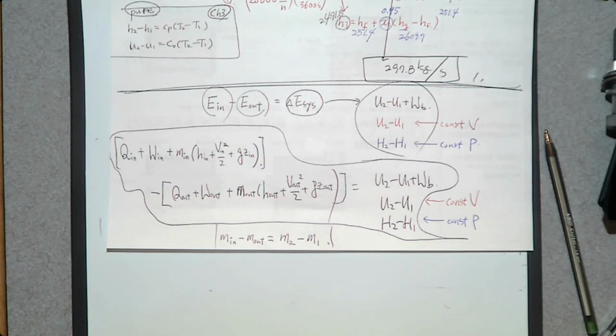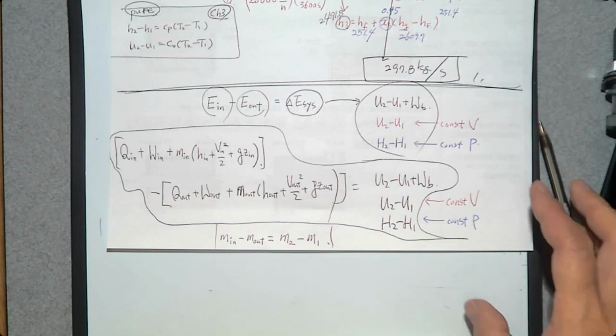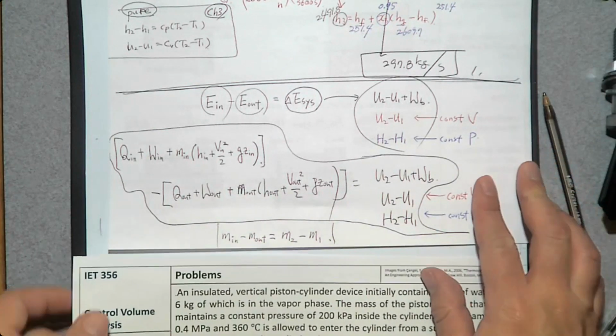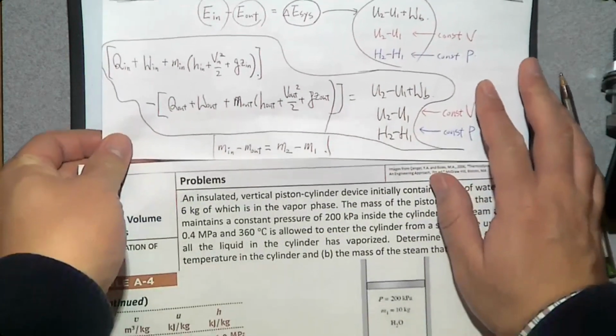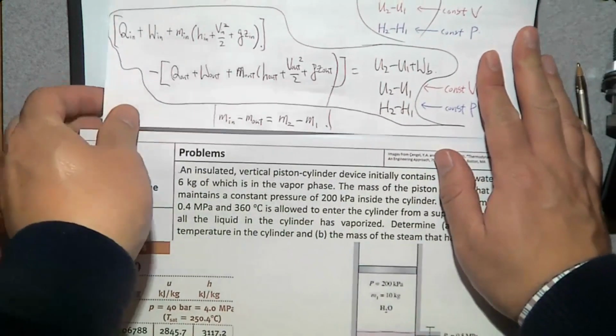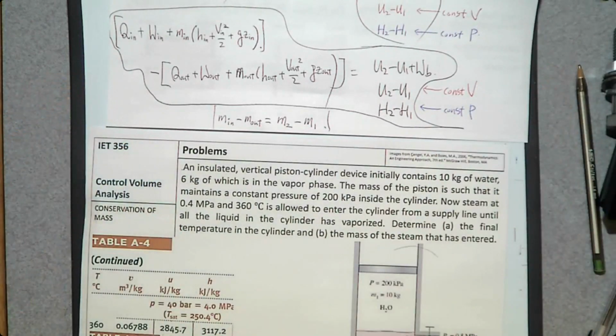Then let's solve a problem together. This is the last problem. An insulated vertical piston cylinder device is set insulated, so there is no heat transfer.